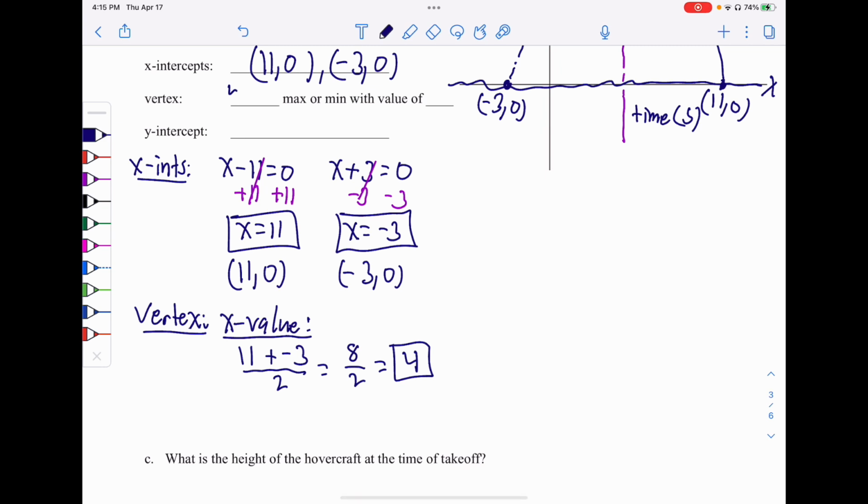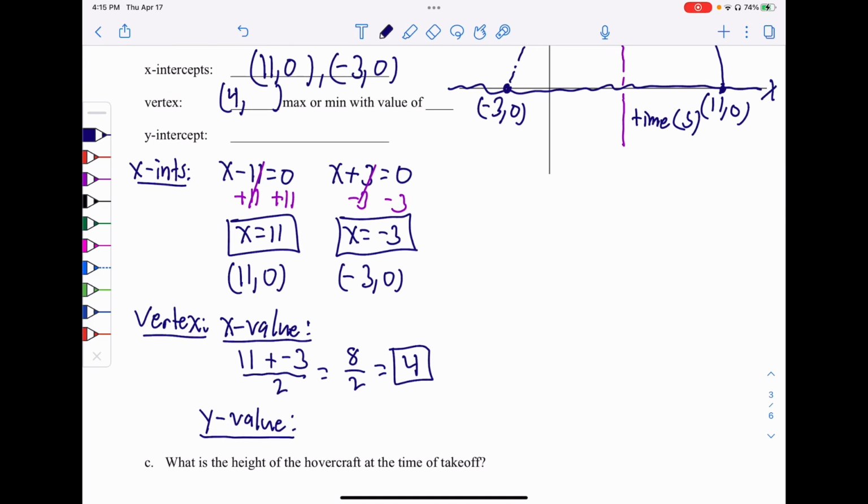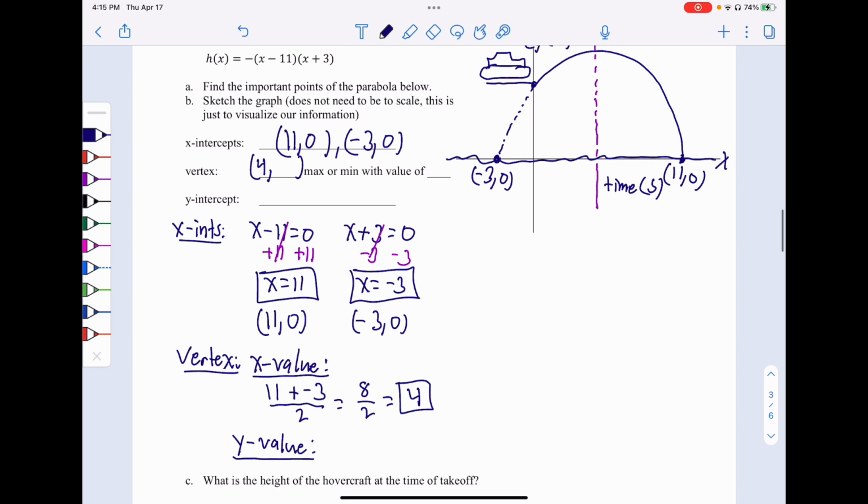So our vertex is at 4, comma, we don't know yet. So we're going to find the y value. And we're going to substitute the 4 into our function. So it's h of x, so h of 4 is equal to negative parentheses 4 minus 11 times 4 plus 3.